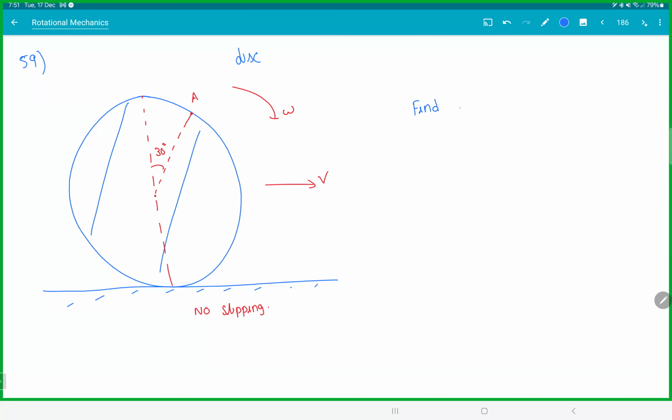Find the speed of point A. How many points on the disk have speed V? V is actually the velocity of center of mass. So find the speed of A and how many points on the disk will have speed V.